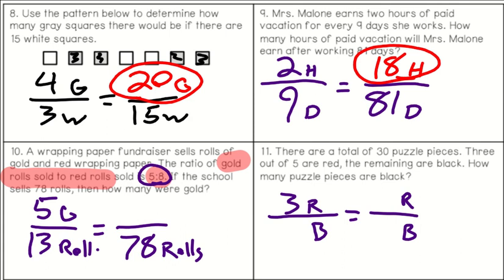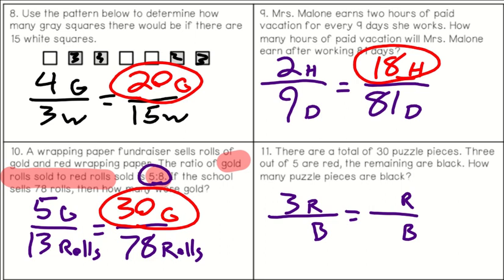So now my labels match on each side. Okay? To go from 13 to 78, we're going to multiply by 6. 5 times 6 is 30. So we'd have 30 gold rolls. Okay?